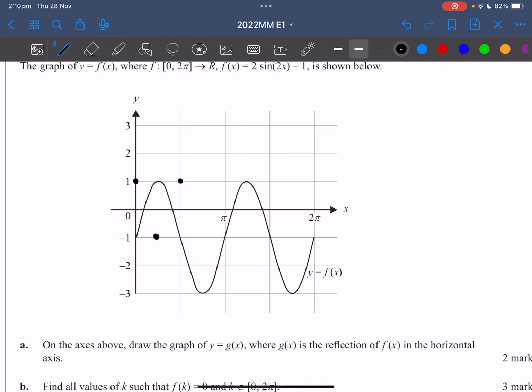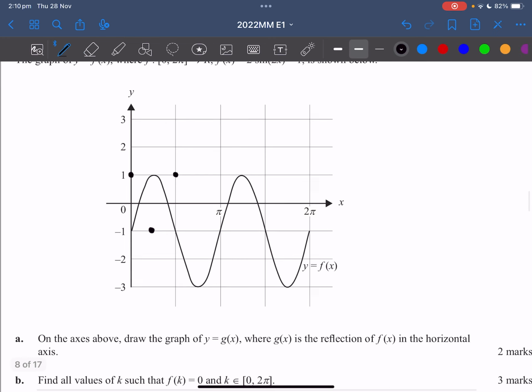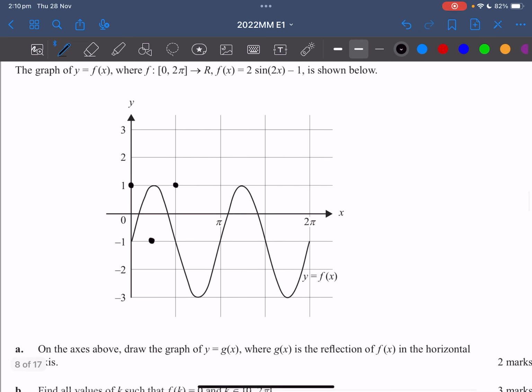Hopefully this is making a bit more sense now. And then this is going to be flipped up. So it's going to be here, and then back down here, back up, like that, and like that. Now we just have to simply connect the dots.